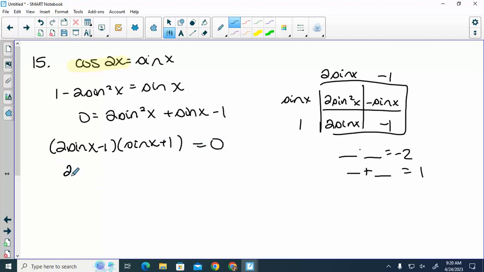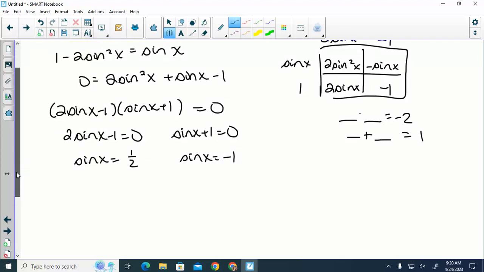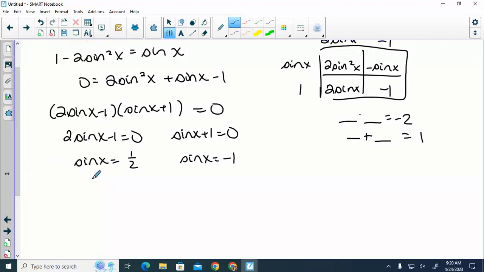So if you set those to 0, you get sine x equals 1/2 and negative 1. So quadrants, when is sine positive?